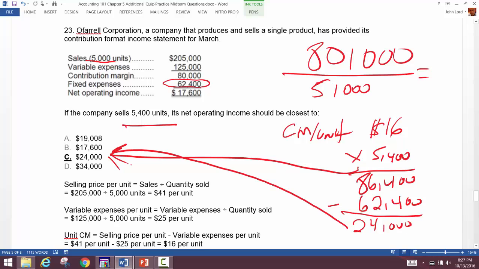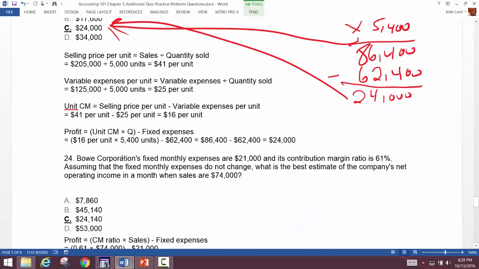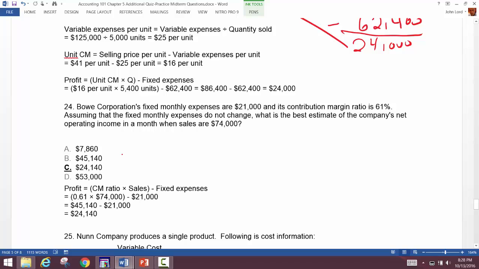There it is. Okay. All right, let's take a look at this one. Bowie Corporation. And they have fixed monthly expenses of 21,000. Contribution margin ratio is 61%.